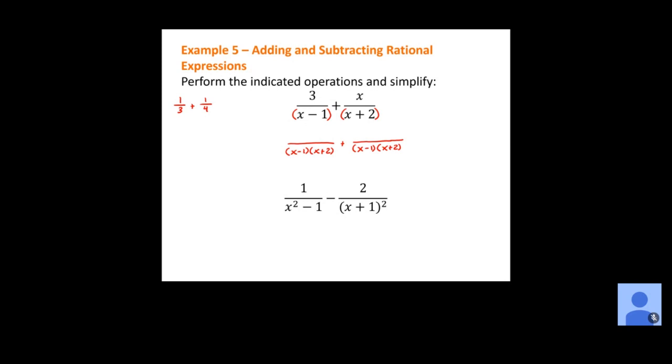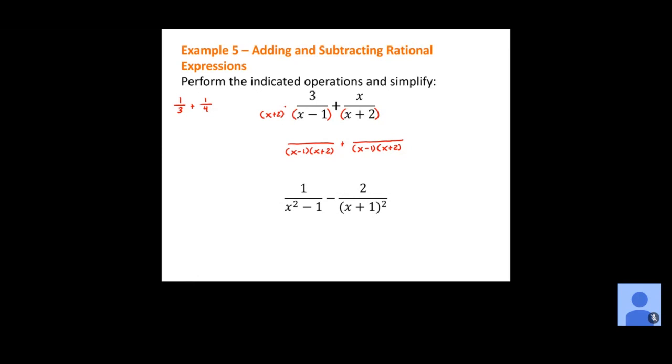Now, the question is, what did I have to multiply that first fraction by to get to that common denominator? We had to multiply by the x plus 2. So down here now, I'm multiplying by x plus 2. But if I do that, what else do I have to do? Good.